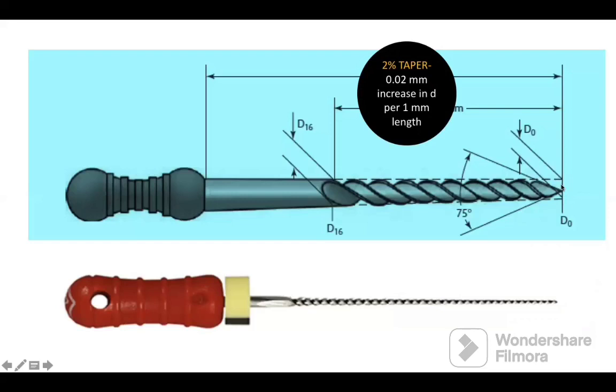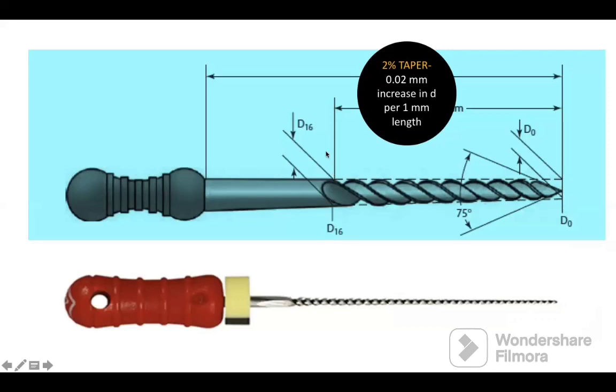So if the diameter here is 0.15, then 1 millimeter up the shaft, it will be 0.17. That is 0.15 plus 0.02. At 2 millimeters, it will be 0.19, and so on and so forth. So the dimension will increase by 0.32 from D0 to 16 millimeters up its shaft.